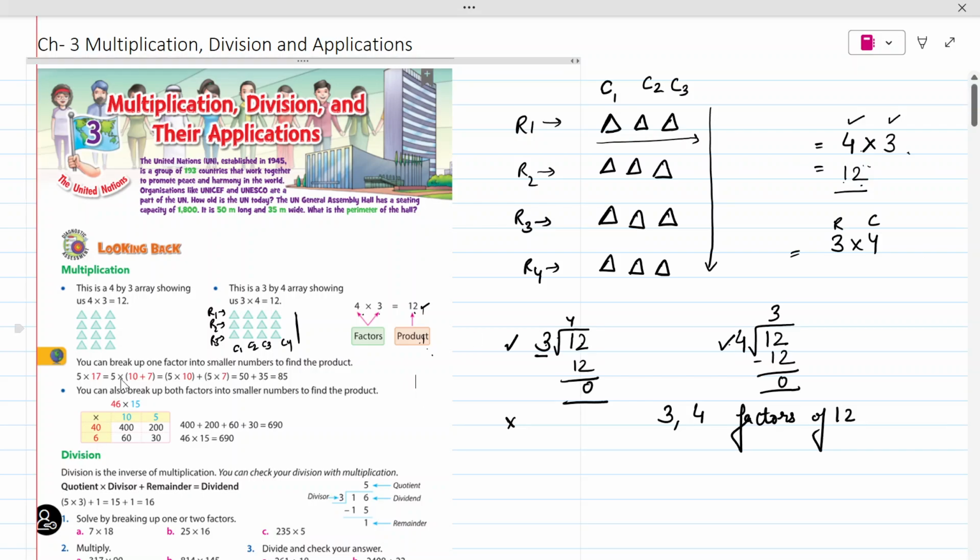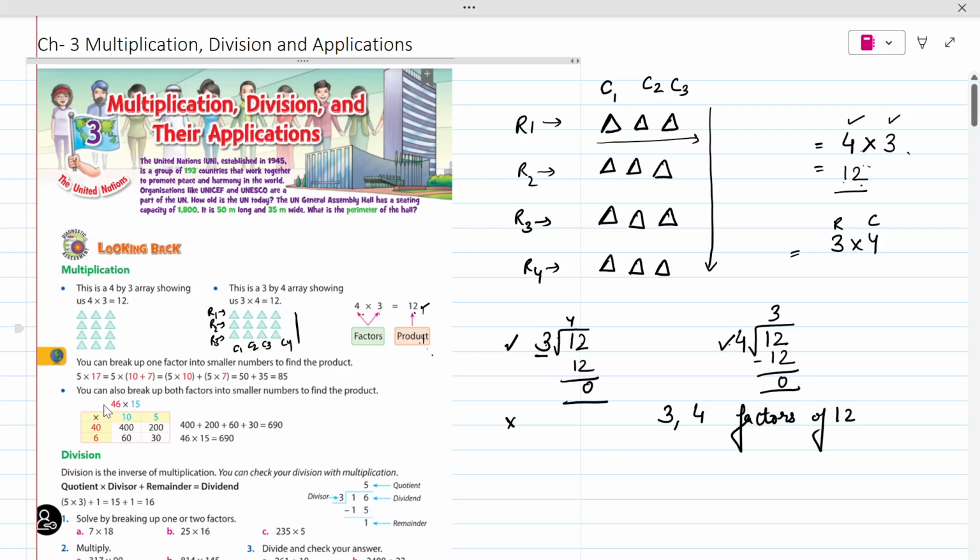Next, you can break up both factors into smaller numbers to find the product. What is written here is that we can break these factors into smaller numbers and find their product. Here they have done 46 multiplied by 15.